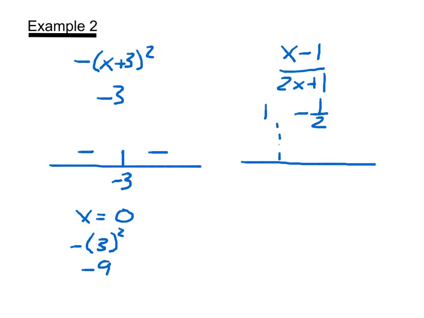So we use a dashed line to represent that critical value. And over here, we have 1. And again, when we plug in x equals 0, we get negative 1 over 1, which is a negative number. 0 is in between these two critical values. So I have a negative, and because I'm dealing with only single factors here, the signs alternate, and that is my sign diagram.